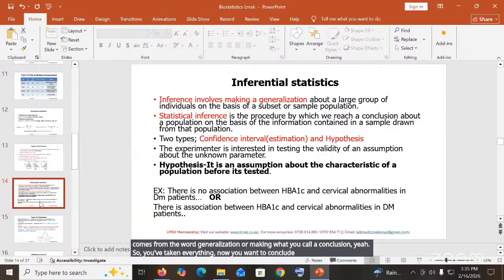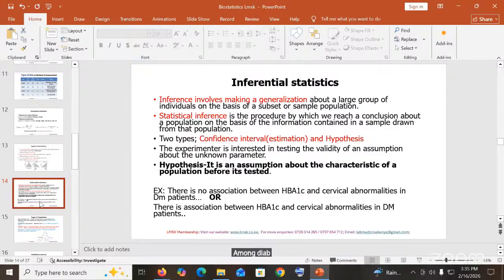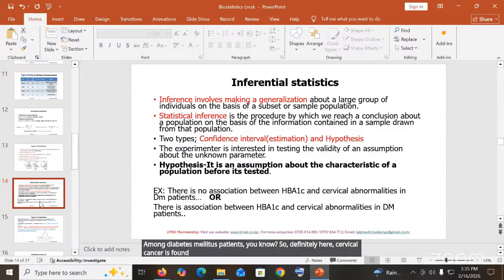For example, in a study on cervical cancer among diabetes mellitus patients, definitely cervical cancer is found in females, so the gender here will be female. There's no need for you to take gender and say 100% were female because that is common sense, so you cannot use gender as a variable in that particular research.